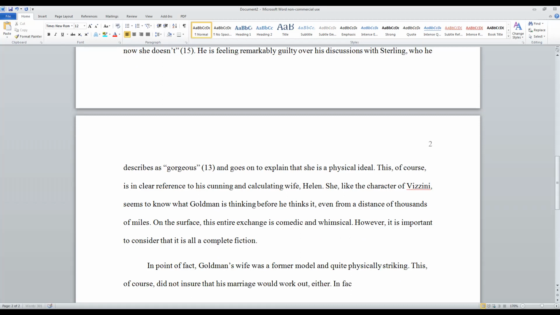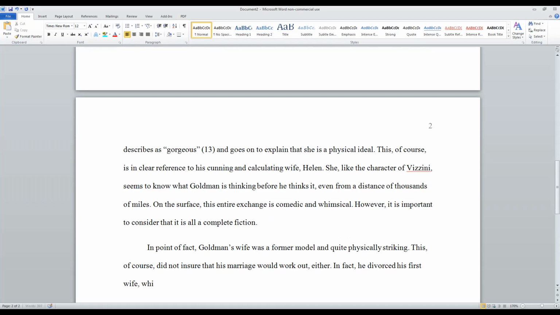In fact, he divorced his wife with whom he had 2 daughters, not a son, and remarried sometime later.